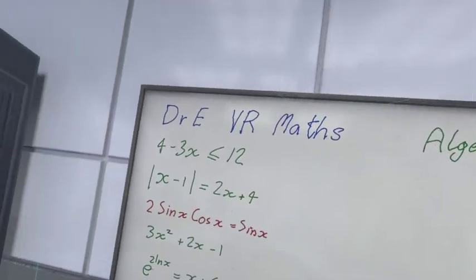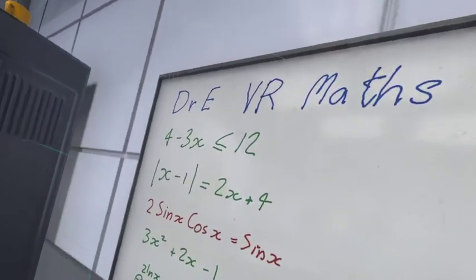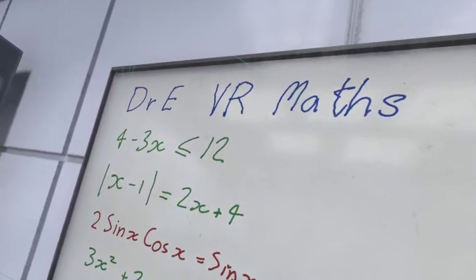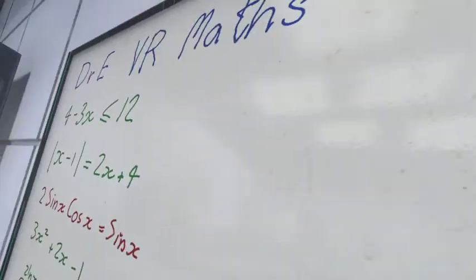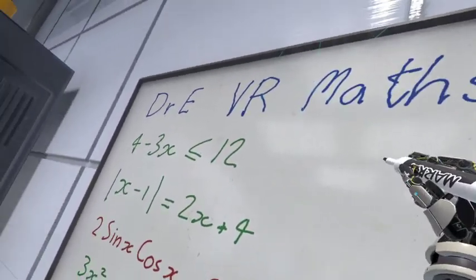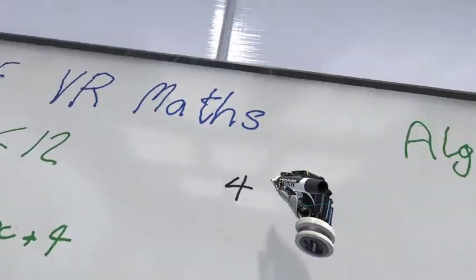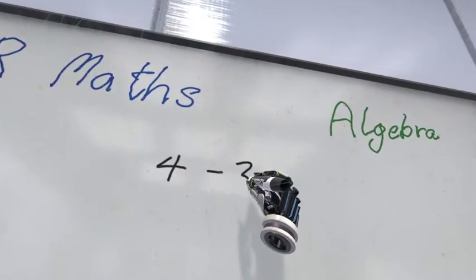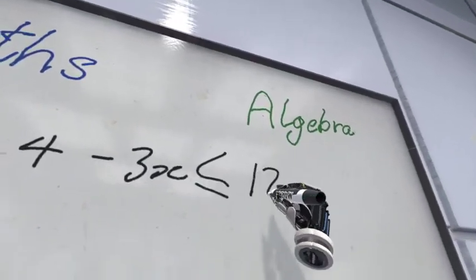Okay, so if we look at the first one, we've got 4 minus 3x is less than or equal to 12. Now this is pretty obvious. We just grab a pen and go through it. 4 minus 3x less than or equal to 12.